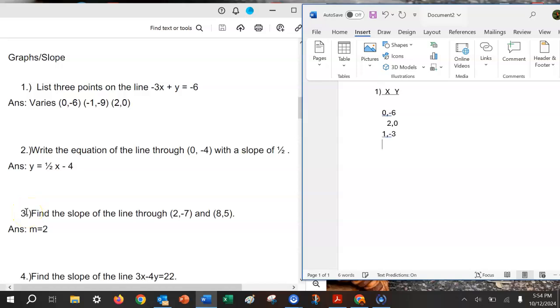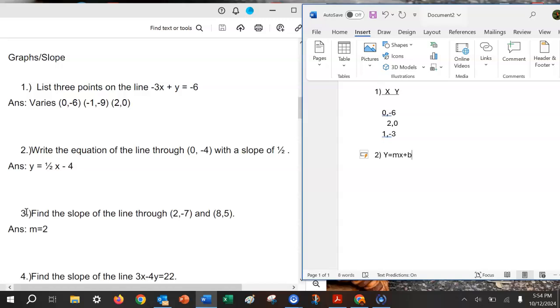Okay, so let's go to problem 2. Write an equation of a line through 0, negative 2 with a slope of 1/2. You're probably going to have to commit this to memory. It might not be on your sheet. So y equals mx plus b.